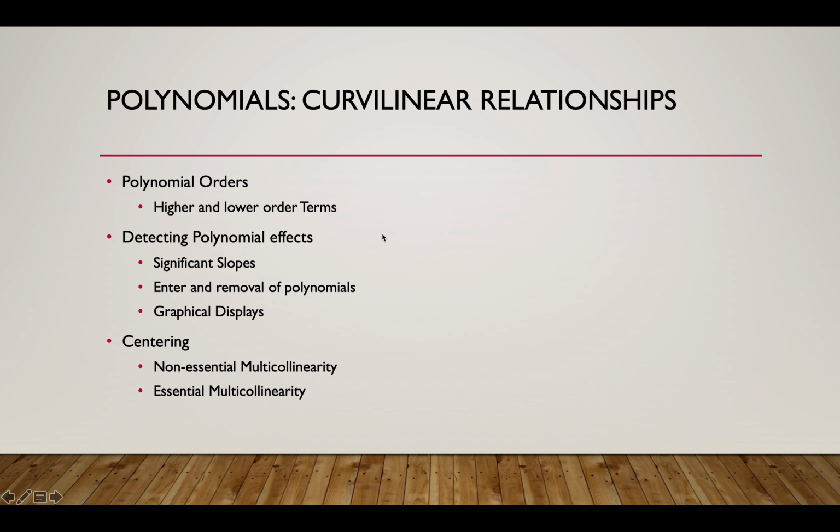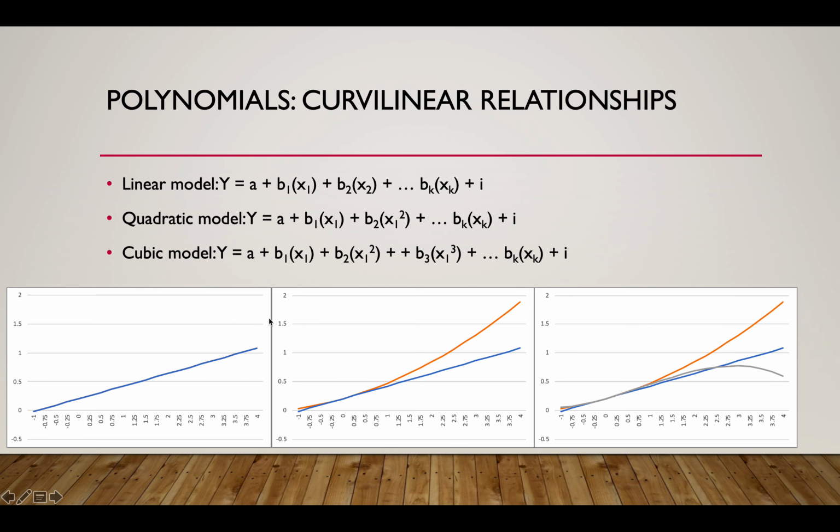So when it comes to detecting polynomials, what do we do? It's pretty easy. We start by doing this in steps, the same way that you did the steps for your homework this past week. You would regress x onto y, and you would have in step 1 a linear effect. In step 2, you could add a quadratic effect, and if you have a significant quadratic effect, you will have a significant slope for b2 right here, and a significant change in your F statistic and your R squared.